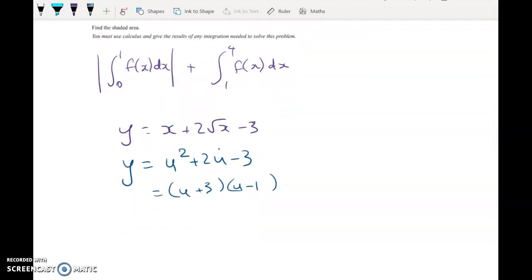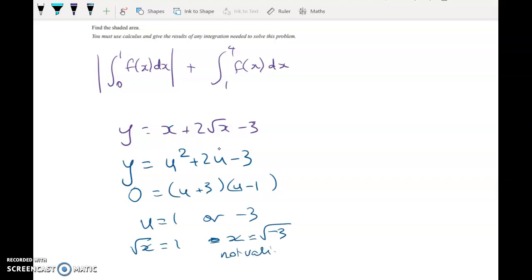To solve where that's equal to 0, u is equal to 1 or negative 3, but u is the square root of x, and so if it's got to be real, then negative 3 is not valid. So we just get our one solution, that root x equals 1.